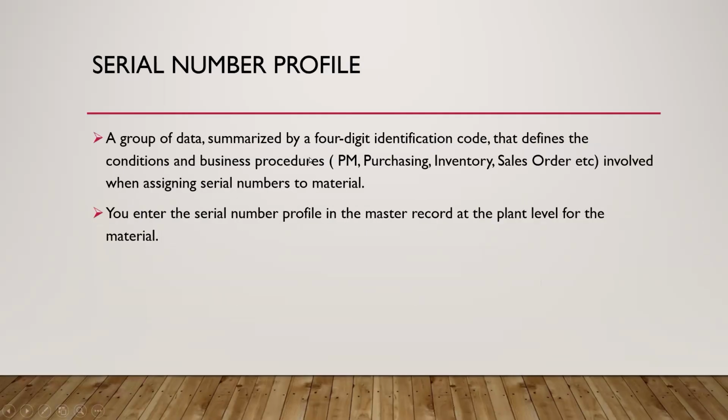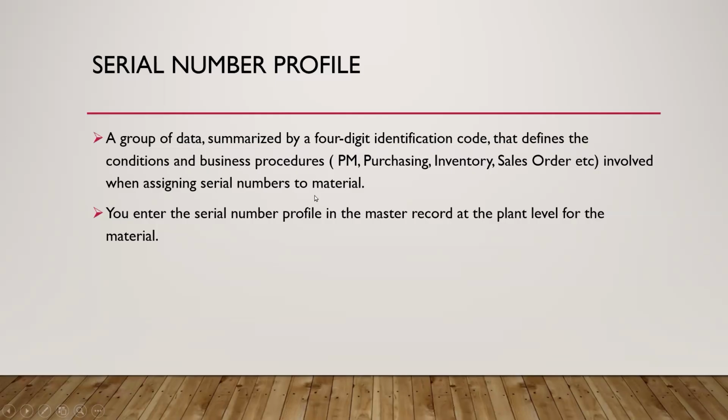A group of data summarized by a four-digit identification code. This is actually the profile. This we will talk later on. In the material, we have to provide this profile. Serial number profile is a four-digit identification code that defines the conditions and business procedures involved when assigning serial numbers to material.